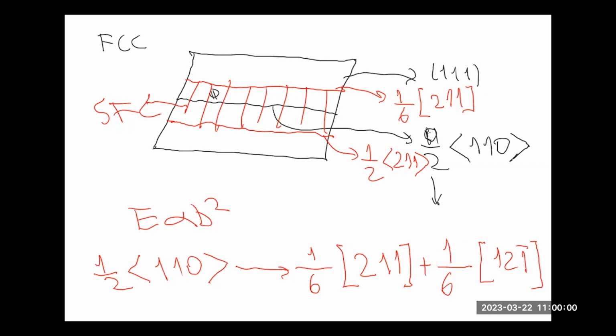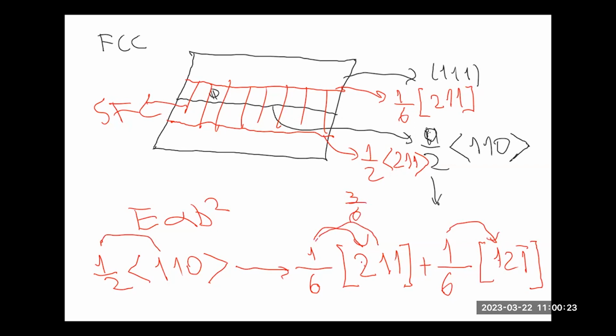Is it correct? 2 by 6 plus 1 by 6 is 3 by 6, which is equal to 1 by 2.